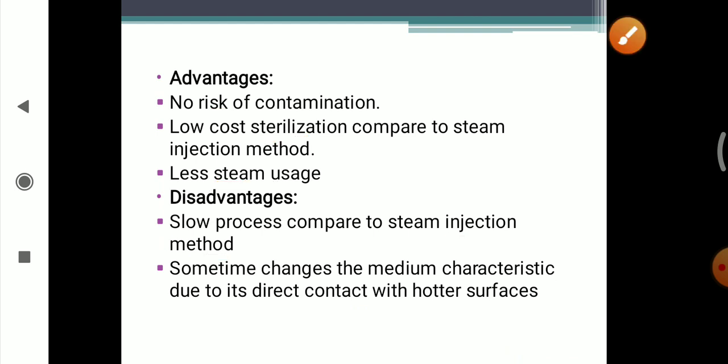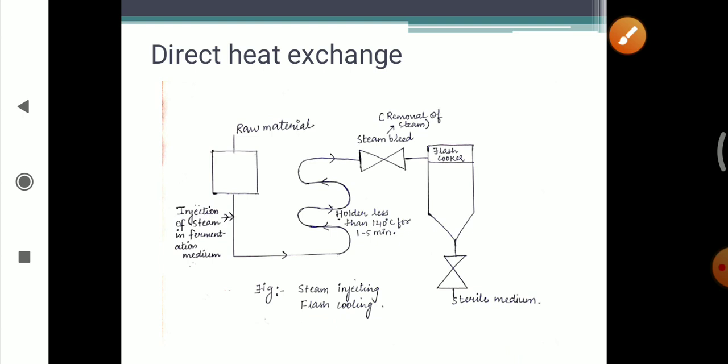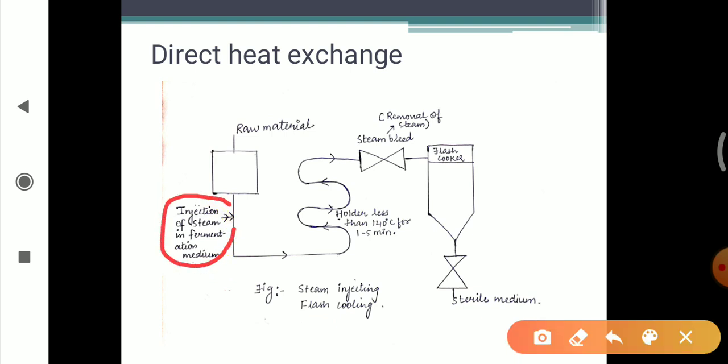Now we will see the direct heat exchanger. The direct heat exchanger is a very rapid method. In this method, high temperature steam is directly injected into the medium.